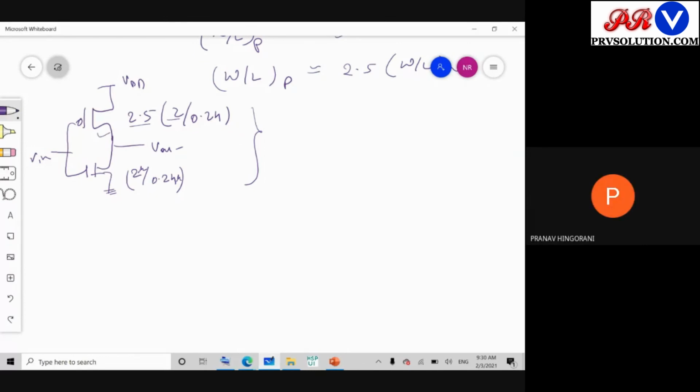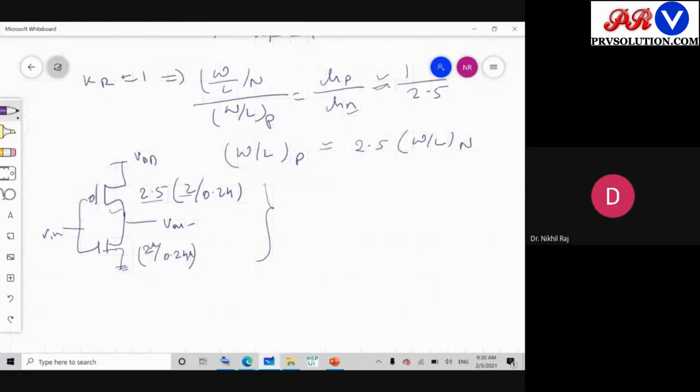What should be the W of the PMOS? It should be 2.5 times whatever width I have assumed for the NMOS case.